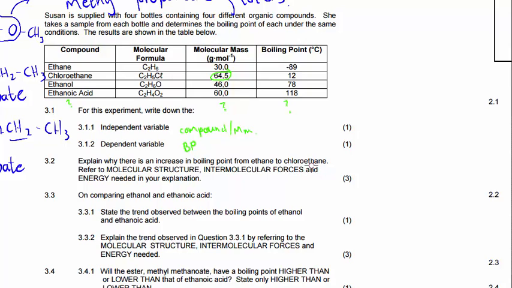Chloroethane has increased induced dipole forces due to the larger structure. It also has dipole forces due to the large electronegativity of chlorine, and then those together cause the intermolecular forces to be stronger. And now we must talk about energy.